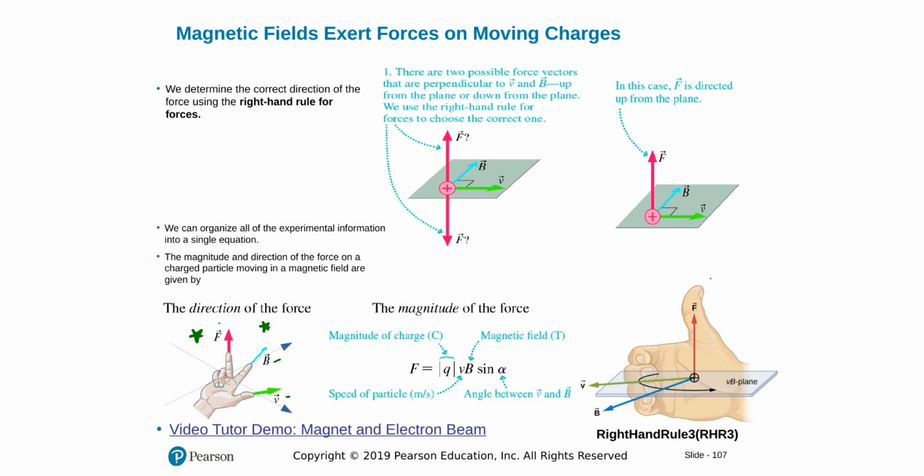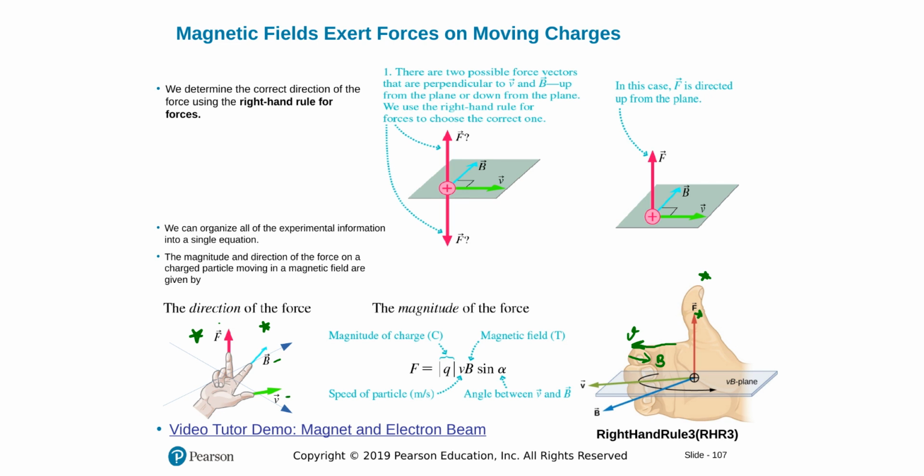I'm gonna use this version, the curling hands version again, and in this case what we do is we set our arm and hand along the velocity first, then curl our fingers towards the magnetic field. So this is B, this is V, and open our thumb. Our thumb will be showing the direction of force. When we get the force applied to current carrying wires, we will apply the same approach, only velocity will be replaced by current.